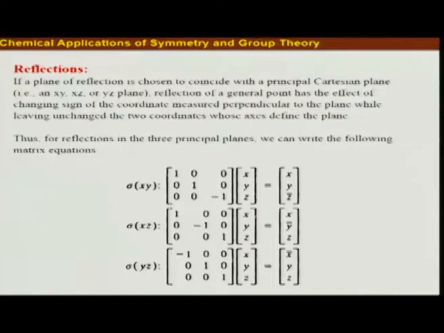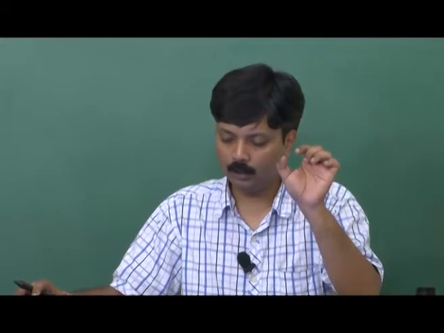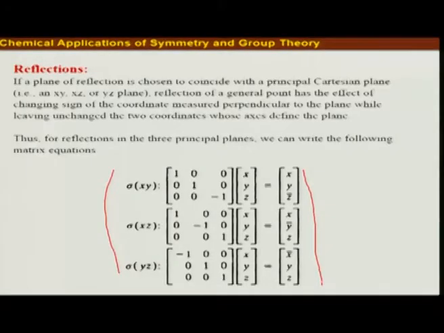Similarly, you can figure out what will happen to the column vector when we have a sigma plane along the x z or y z planes, and the corresponding matrix forms you can also easily figure out. If you compare these 3, you can see that the position of the negative 1 element is changing with respect to the column vector. As we change the column vectors, this is also changing.